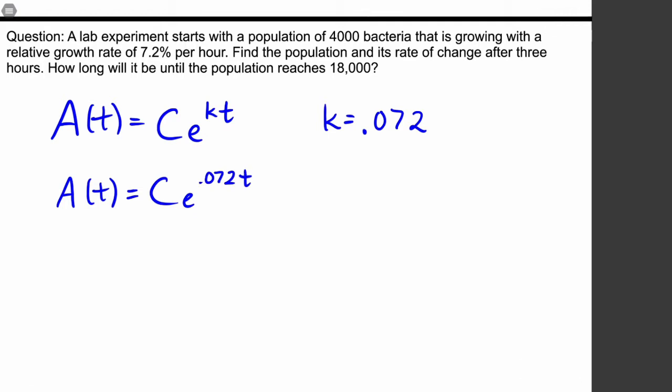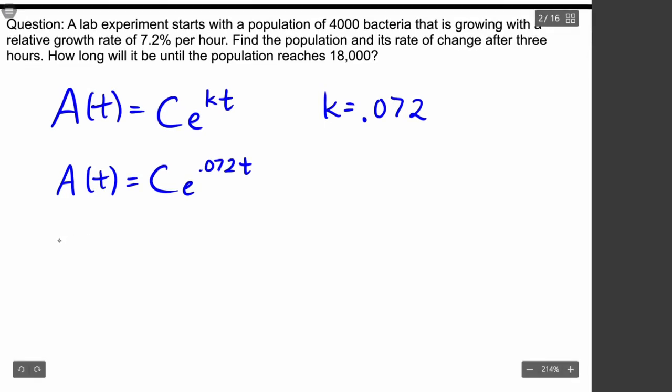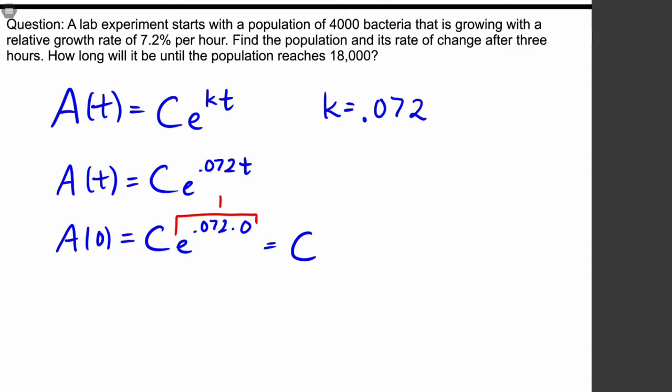And since the initial population is 4,000, we know that A(0) has to be C e^(0.072 times 0). And that's just C, because this here is 1, and this is always going to be true. So this C value here is the initial population.